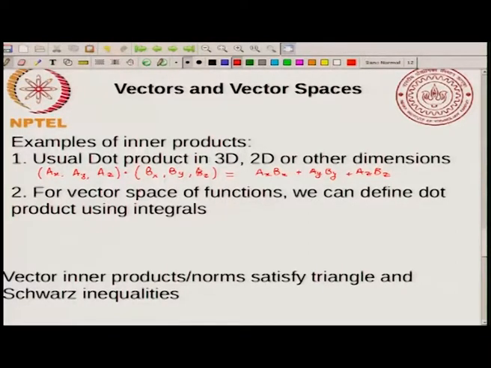I can use a similar definition for other dimensional vector space. So, this is one example of a dot product or an inner product.